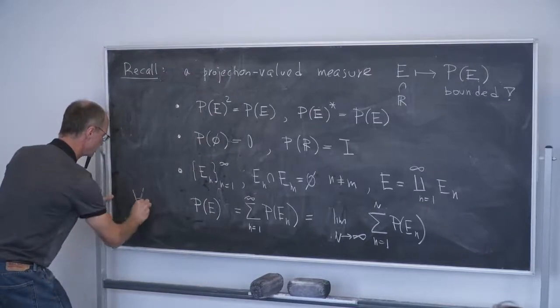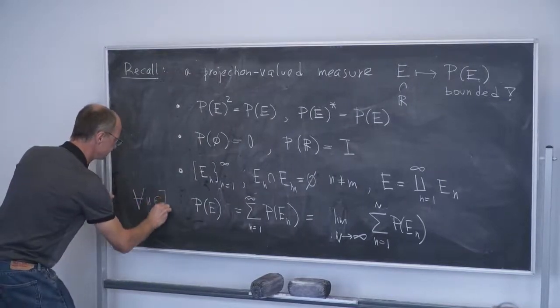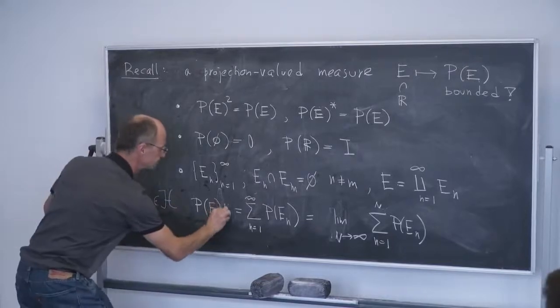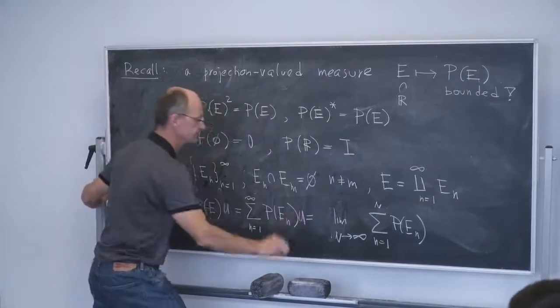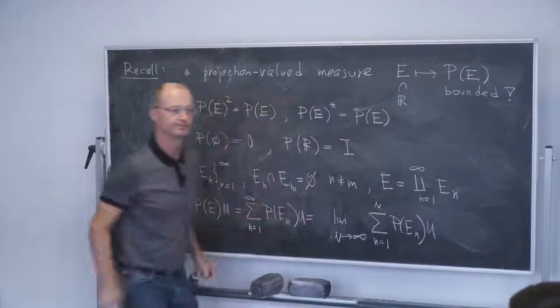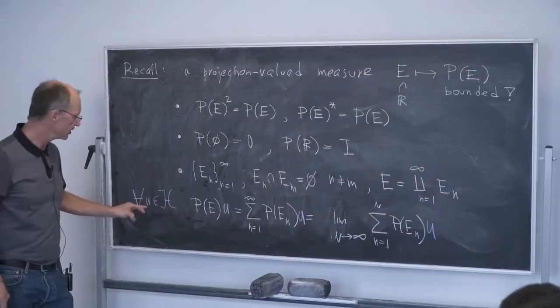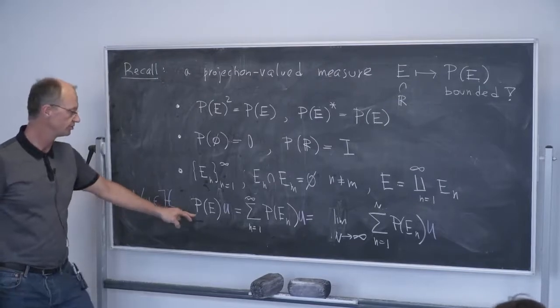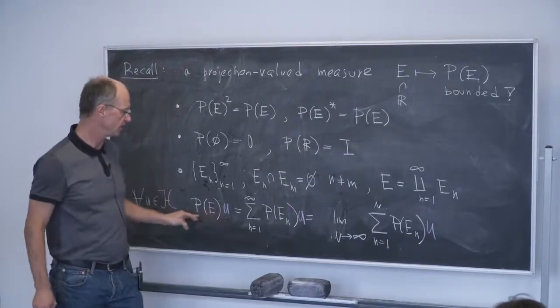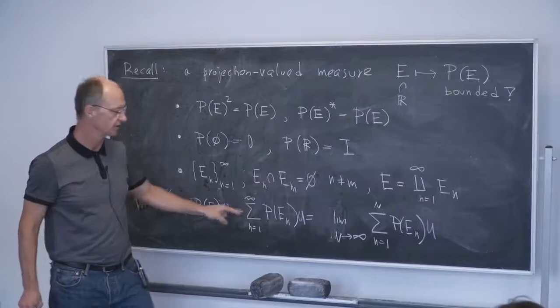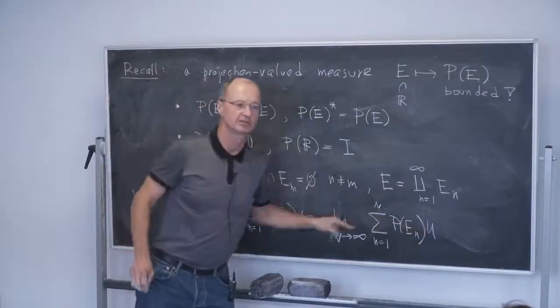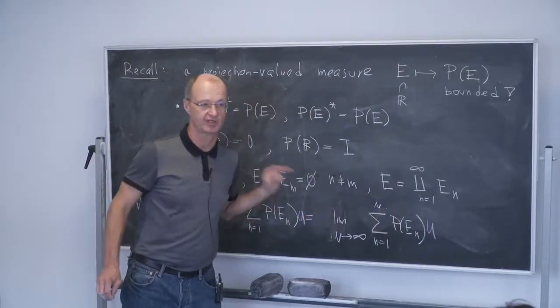Let me add in a different color. So for every vector in H, this vector is a limit of those vectors.